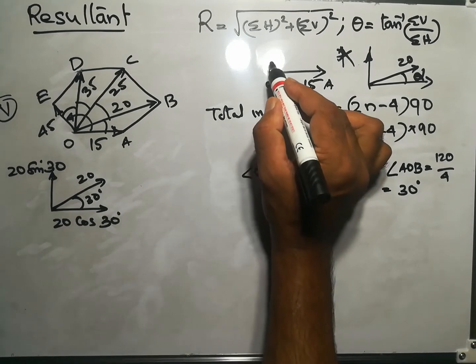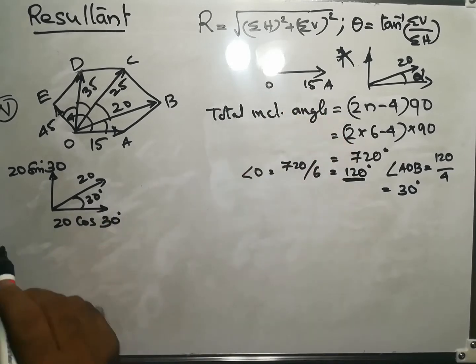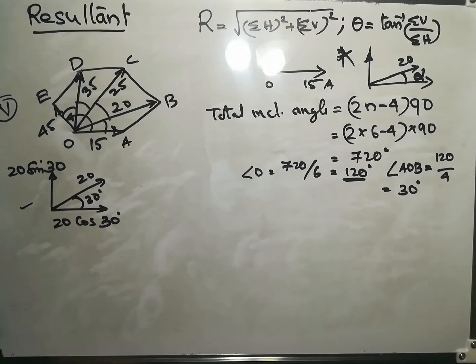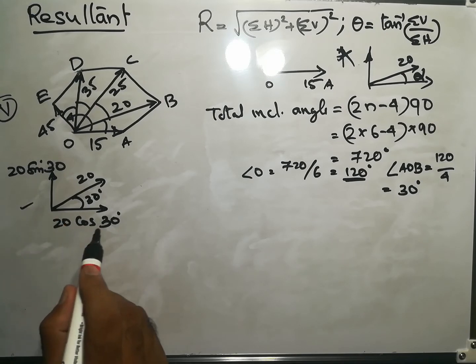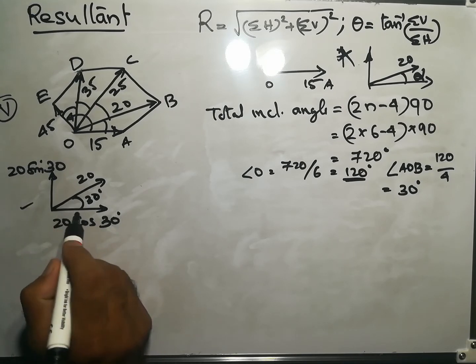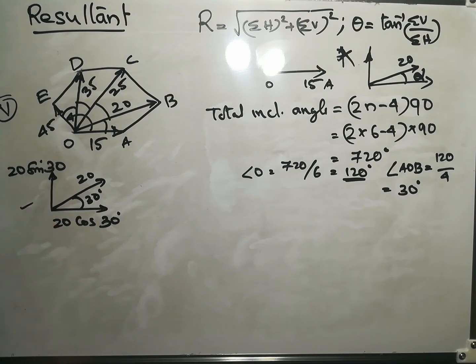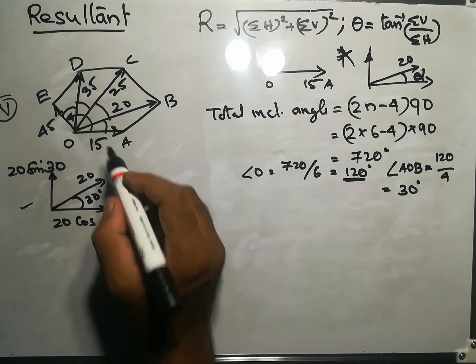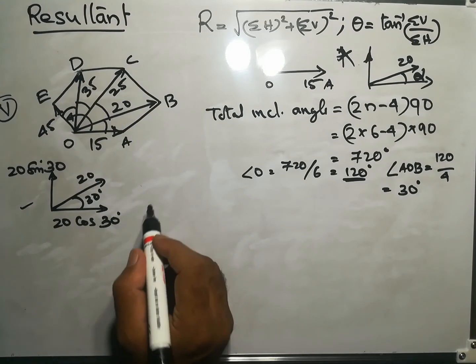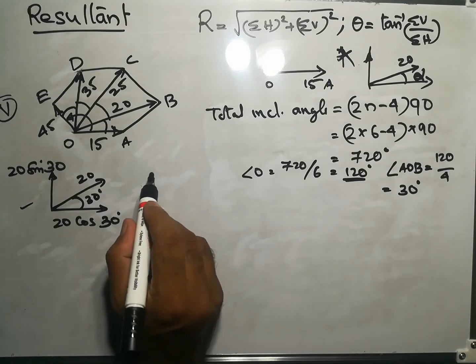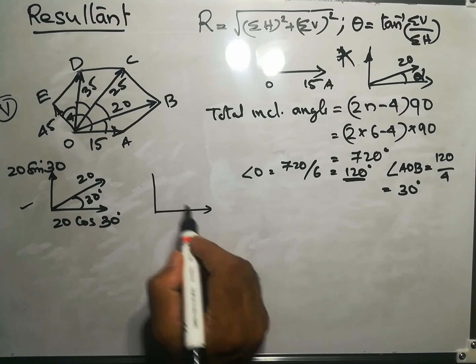So we have the first force with only a horizontal component, and the second force with two components, horizontal and vertical. The horizontal component will be cos 30, as this is the angle, and this will be the vertical component. Then about the 25 Newton force, these will be the components.